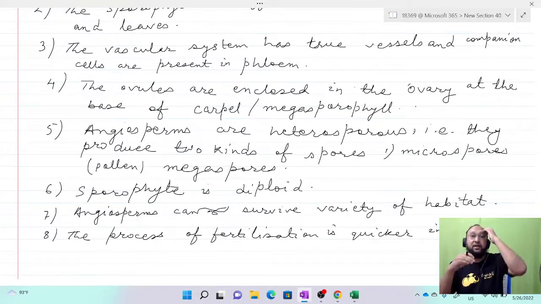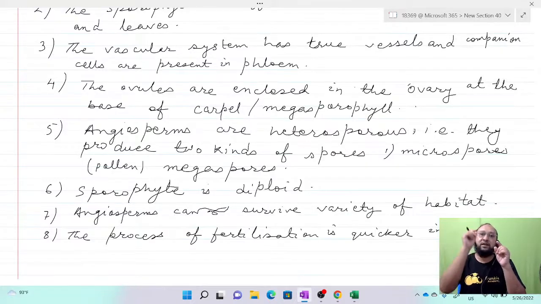And these plants are very well adapted in different types of habitat, and for reproduction there are distinct male and female gametes.